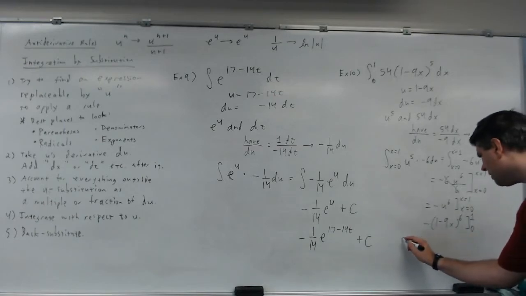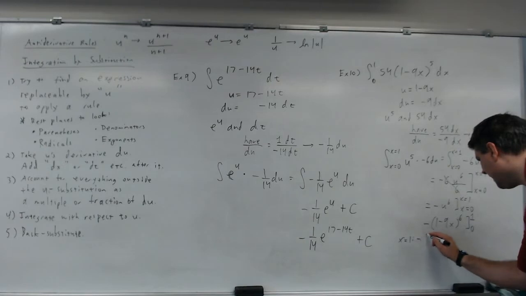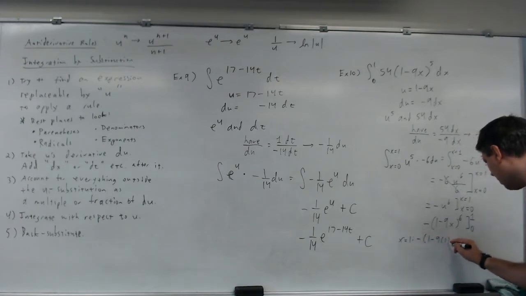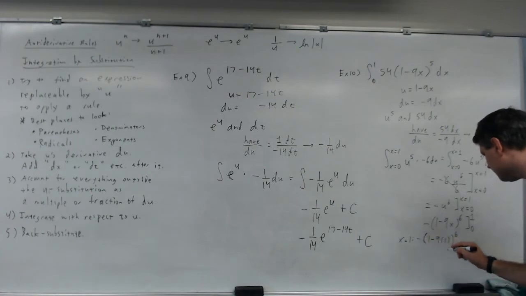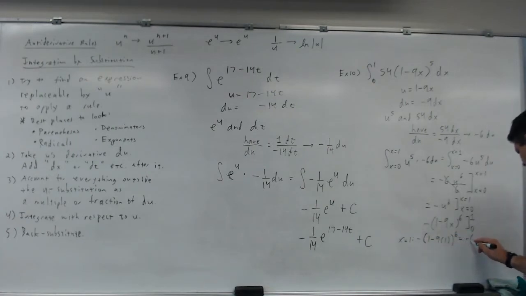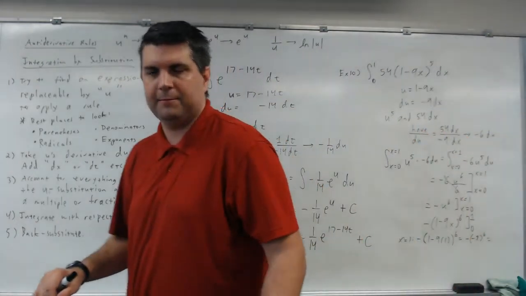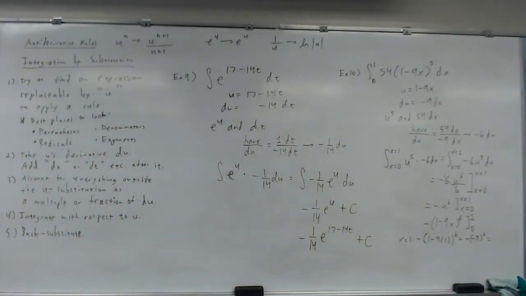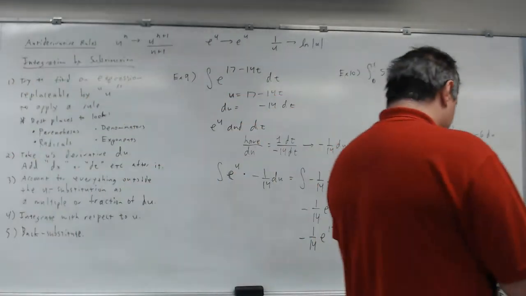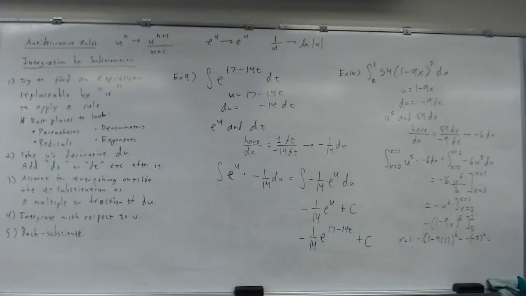So at x equals 1, I have negative 1 minus 9 times 1 to the 6th, which gives me negative 1 minus 9 is negative 8 to the 6th power. I'm going to need a calculator for that. So that's going to be negative 262,144.